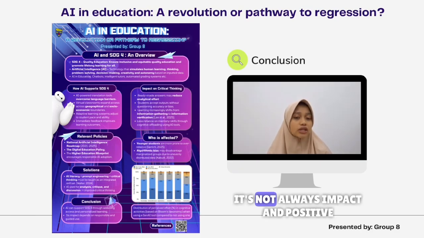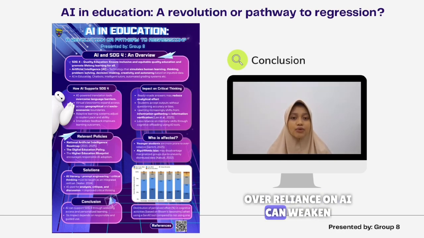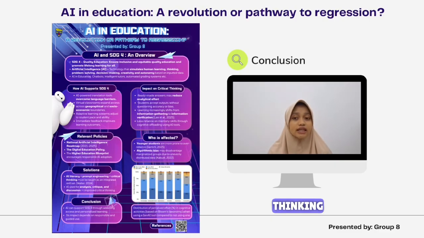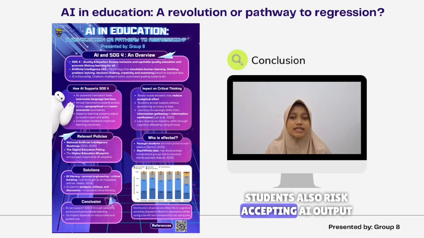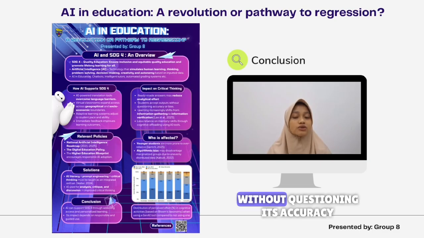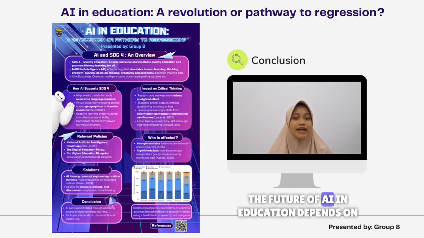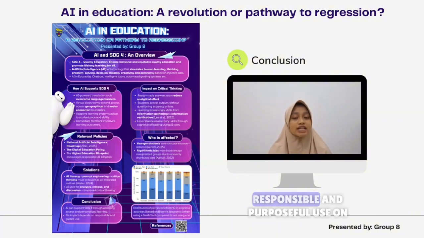However, the impact is not always positive. Over-reliance on AI can weaken memory skills and reduce critical thinking. Students also risk accepting AI output without questioning its accuracy. Therefore, the future of AI in education depends on responsible and purposeful use.